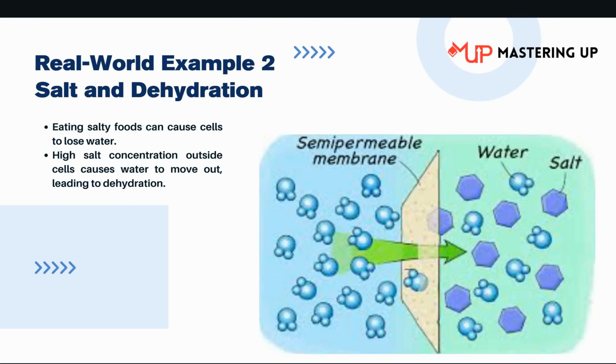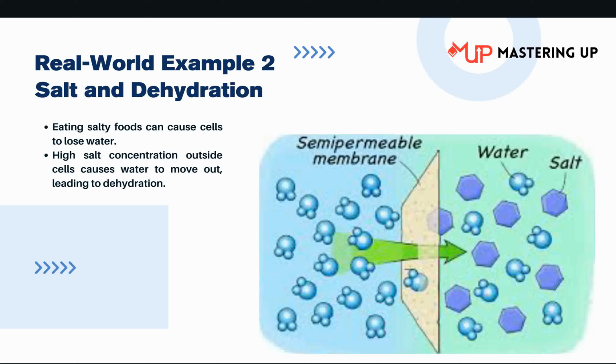Another real-world example is the effect of consuming salty foods. The increased salt concentration outside of cells draws water out, which can cause dehydration. This is why we feel thirsty after eating salty snacks.